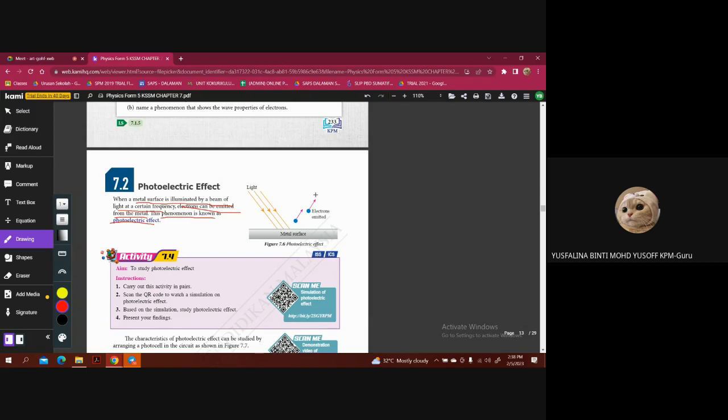That one is heat energy, but for this one it is light, so it is a different thing. When a metal surface is illuminated by a beam of light of a certain frequency, they get energy because E equals hf. I strike it onto the metal surface, and if the energy is enough, the electrons will come out from the metal.